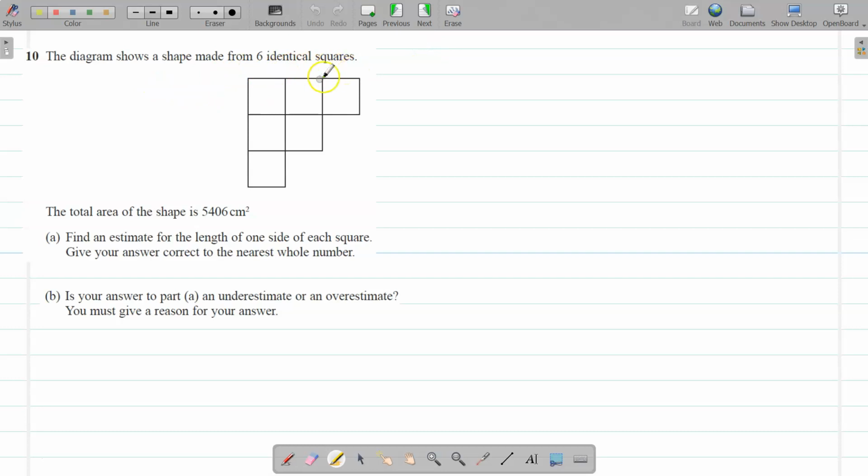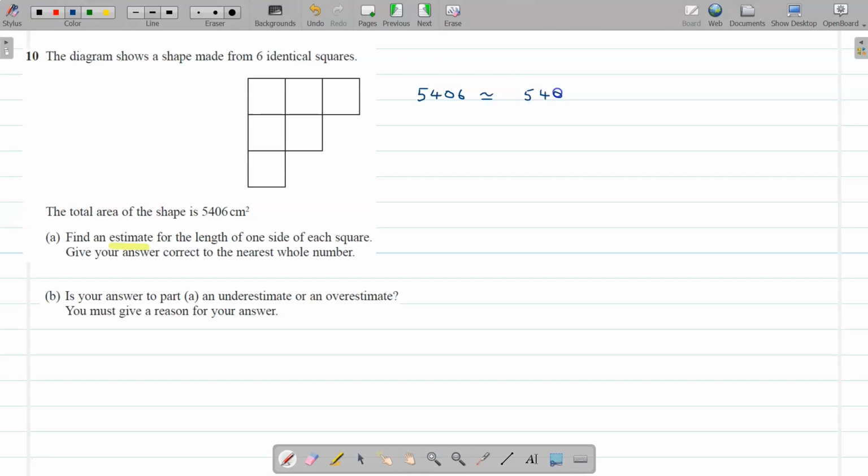a shape made from 6 identical squares. Find the total area. Well, we're given the total area is 5406 centimeters squared. Find an estimate for the length of one side of each square. Well, look, I've got 6 equal squares, and 5406 is approximately equal to 5400.